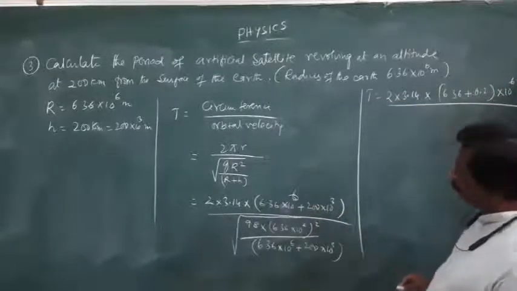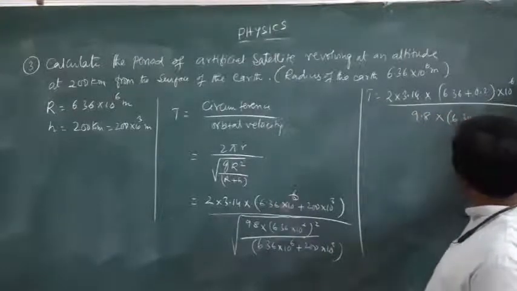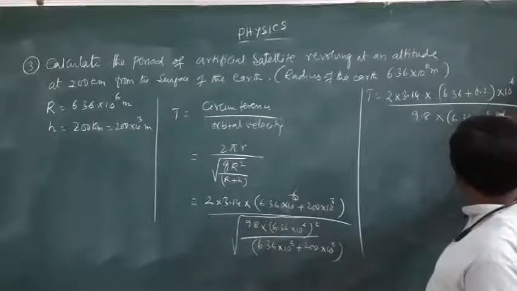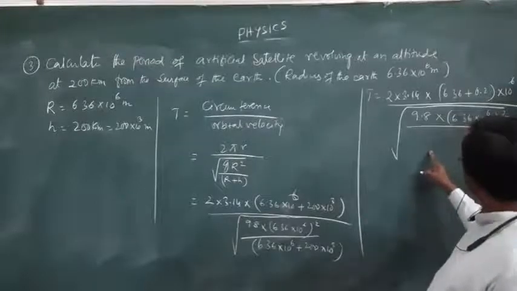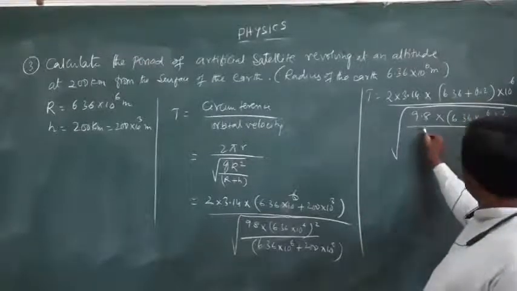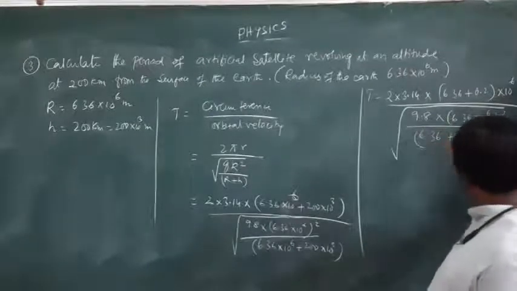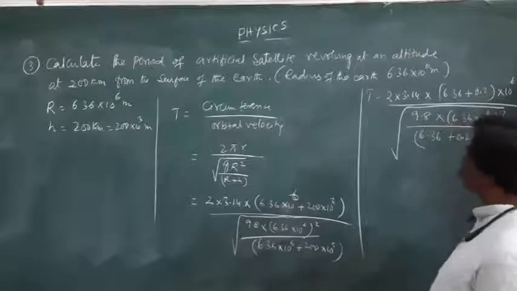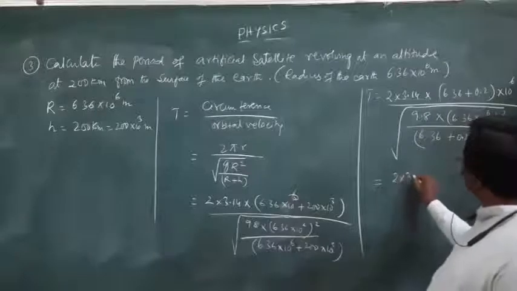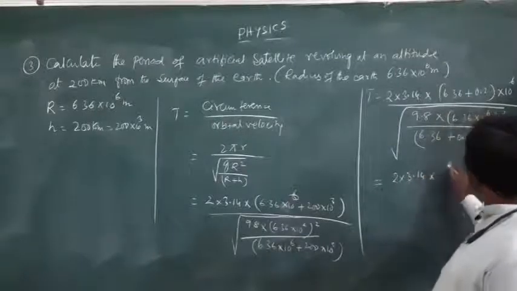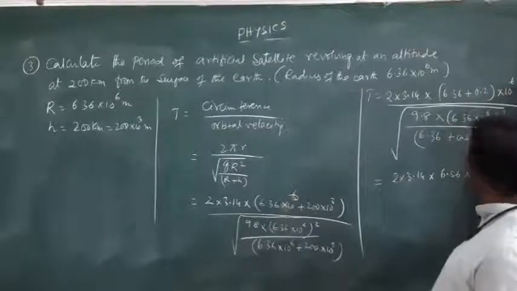And this is 9.8 into 6.36 into 10 raised to 6 whole square under the square root. And this becomes 6.36 plus 0.2 into 10 raised to 6. So one more step I will add here: 2 into 3.14 into, this becomes 6.56, so into 10 raised to 6.